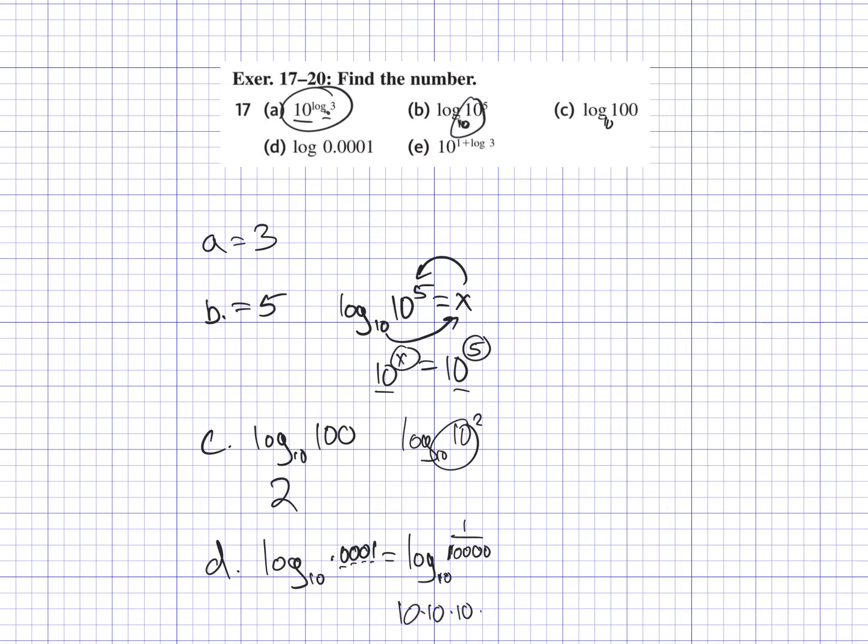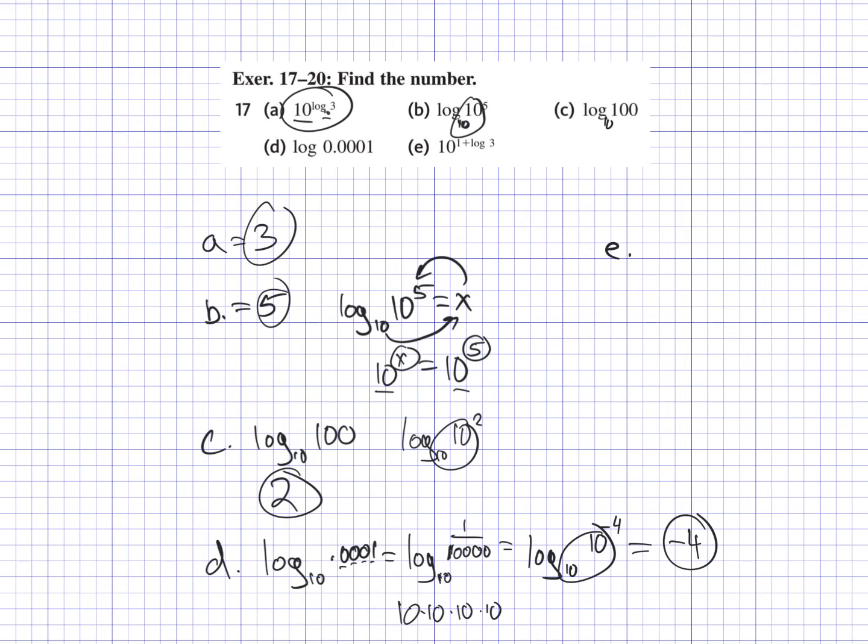Times 10 is 1,000. Times 10 is 10,000. So this is log base 10 of 10 to the negative 4. The negative puts it back in the denominator. 10 to the 4th is 10,000. And so now, since those are the same, the answer is negative 4. Okay? So those are our answers. Let's go to E.